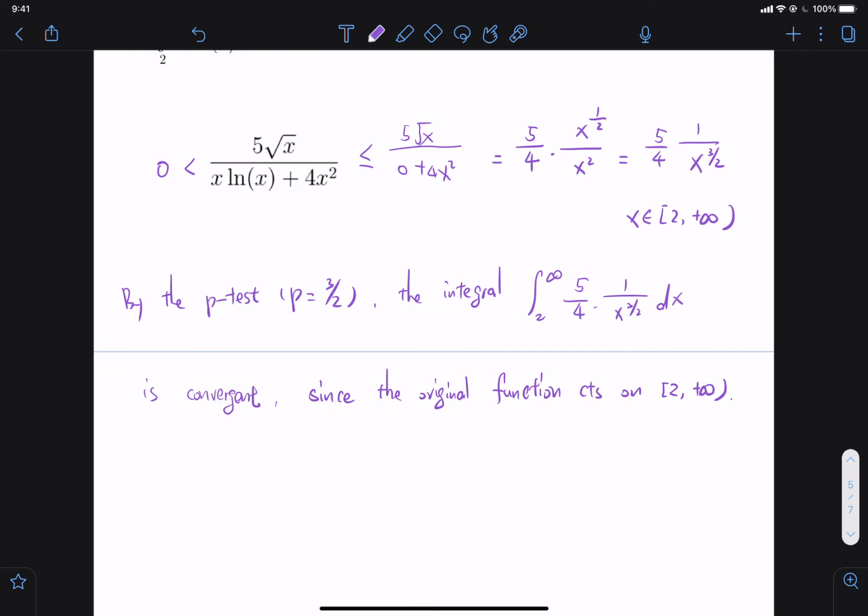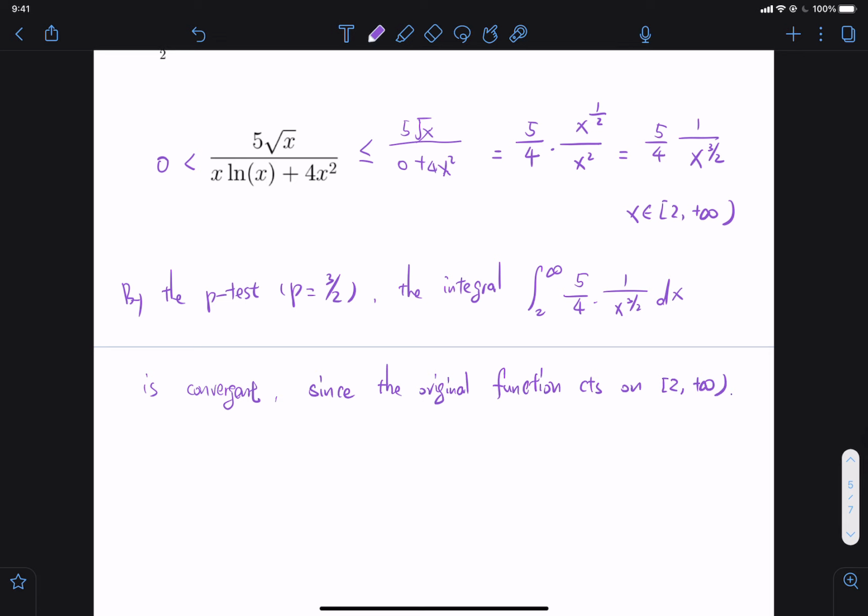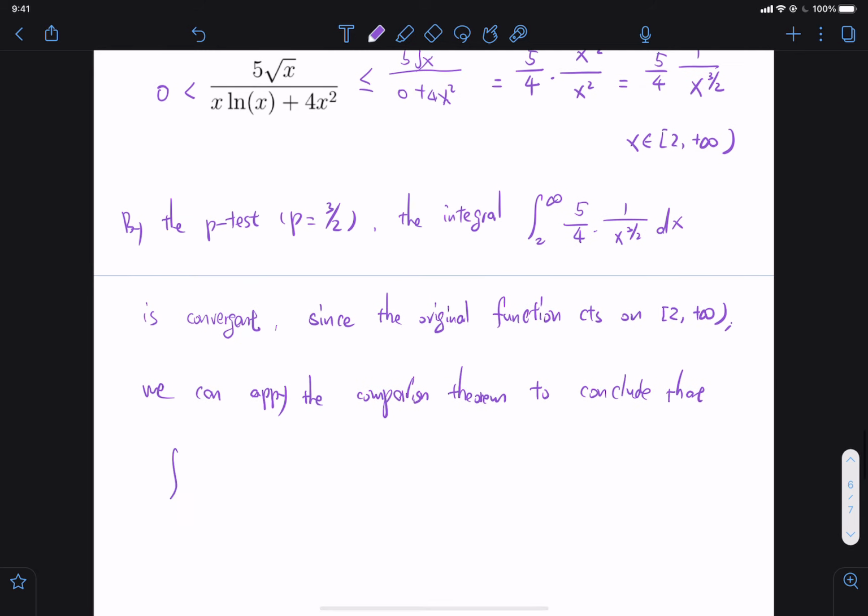Because of that, we can apply comparison to conclude that the integral of this, x ln x plus 4x squared, is also convergent.